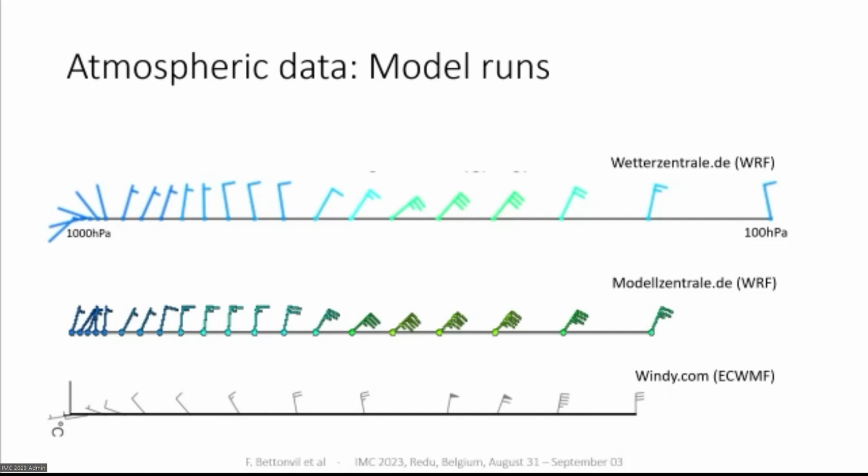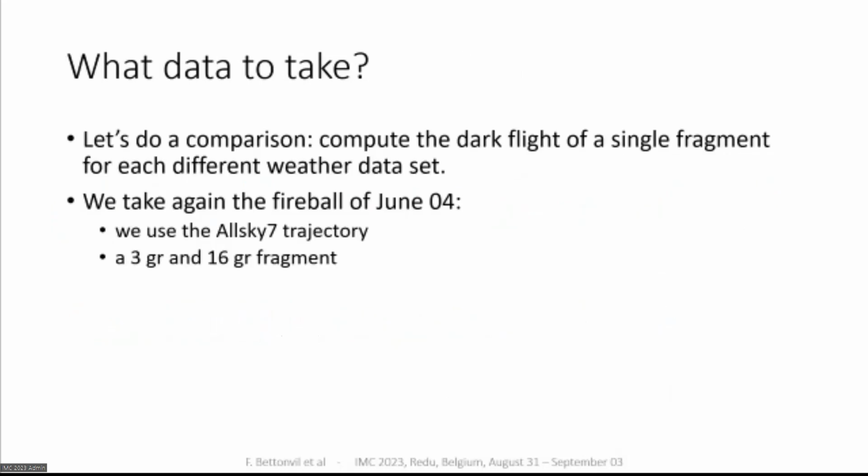Both in strengths and directions, there are differences between the models made at the same time, same location. So that puts a question mark. So what data to take is then the big question.